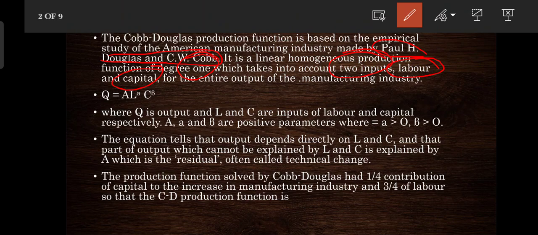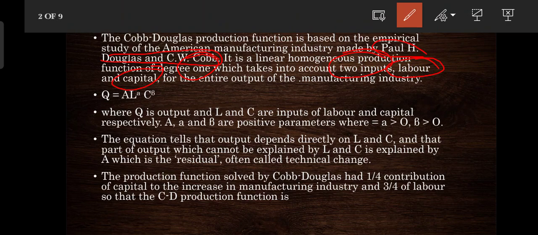We had already seen that we are taking into account the American manufacturing industry, and we are considering two inputs only in this production function, labor as well as capital.